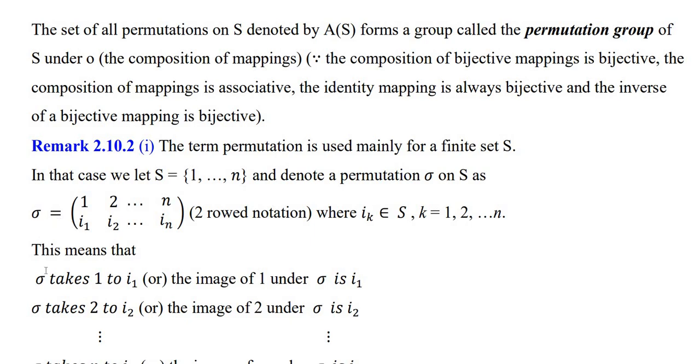So this we can read as sigma takes 1 to i1, or we can also say that the image of 1 under sigma is i1. Similarly, sigma takes 2 to i2, or we can say that i2 is the image of 2 under sigma, and so on.